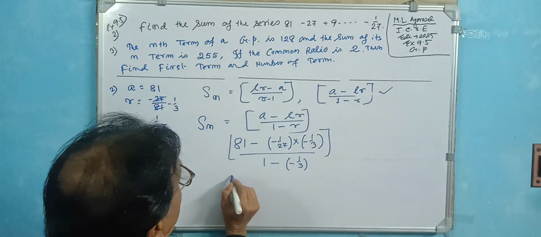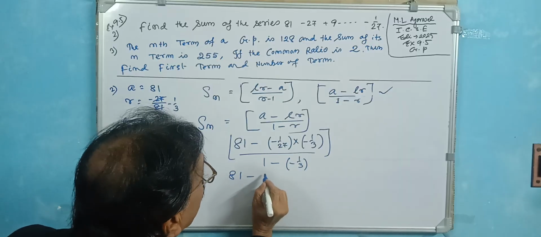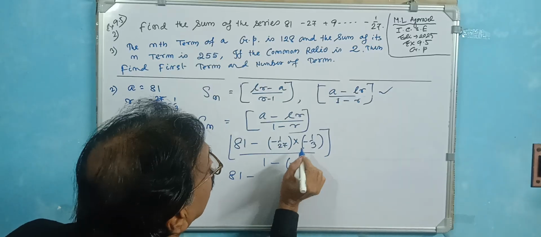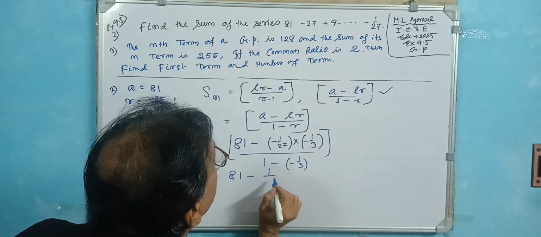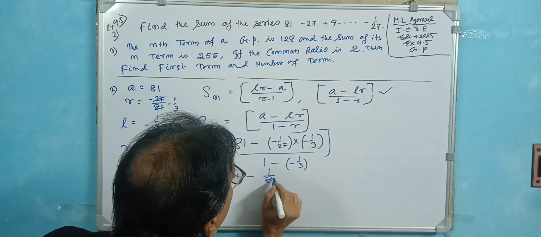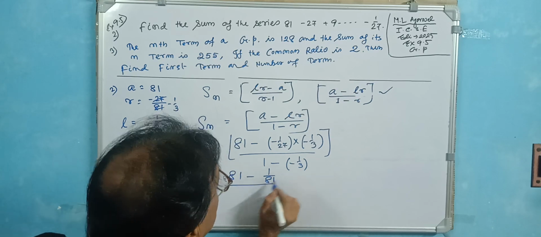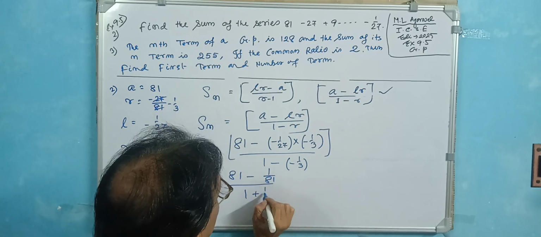So this is 81 minus, and ultimately it becomes minus plus, 1 by 81, divided by 1 minus plus 1 by 3.